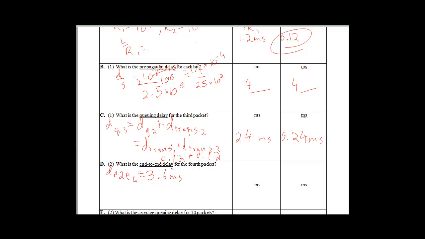And then we have the transmission delay for the fourth packet, which is 1.2 since they're all the same length. And then finally the propagation delay, which we had just above, 4 milliseconds. Altogether, that is 4.8 plus 4, 8.8 milliseconds. Cool.